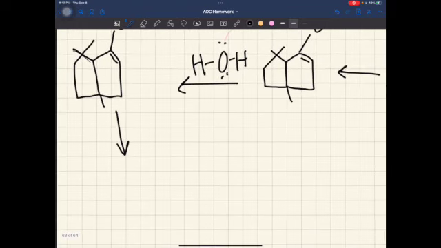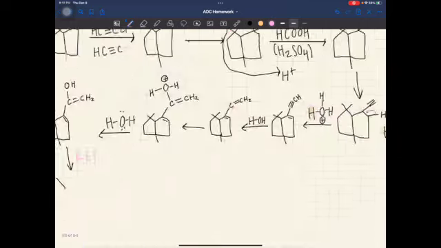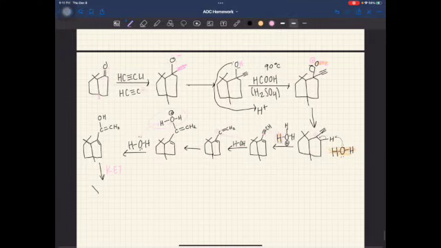So this right here is keto-enol tautomerization, and then this part to this part was the Rupe rearrangement.